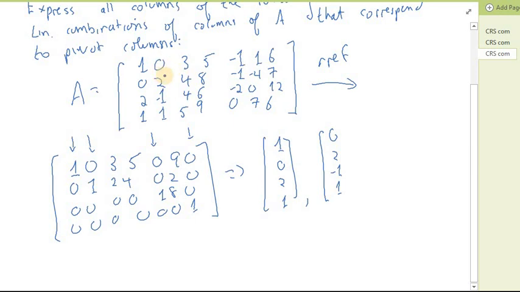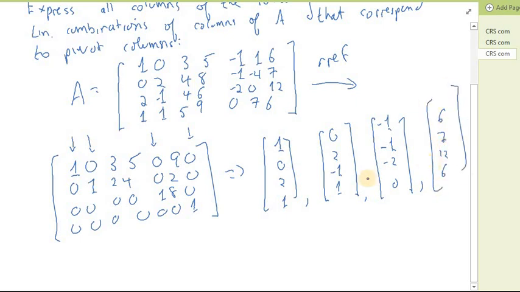I got that from here. Then column 5 is minus 1, minus 1, minus 2, 0. And the last column, column 7, is 6, 7, 12, 6. These columns span C of A.